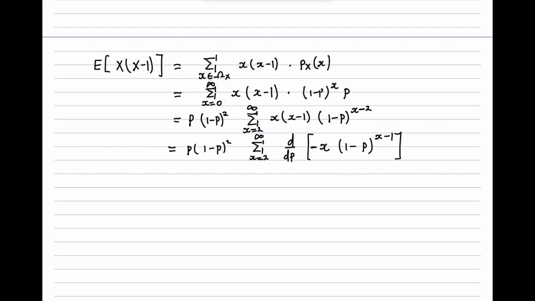And take a moment to look at this and make sure you're happy that this is in fact true, because if we take the derivative of this expression, the x minus 1 will come down the front, which is why you have an x minus 1 here. The new power will subtract 1, which is why you have the x minus 2.